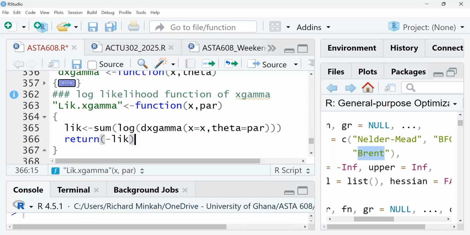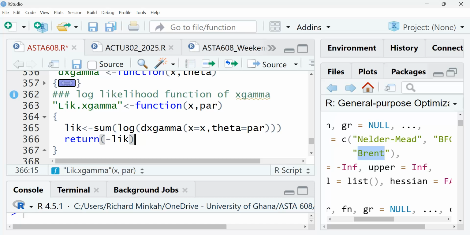Okay, so the curve, if you have a curve, please can you look here? You want to find the maximum. That's maximum likelihood. But the routine in R finds the minimum.